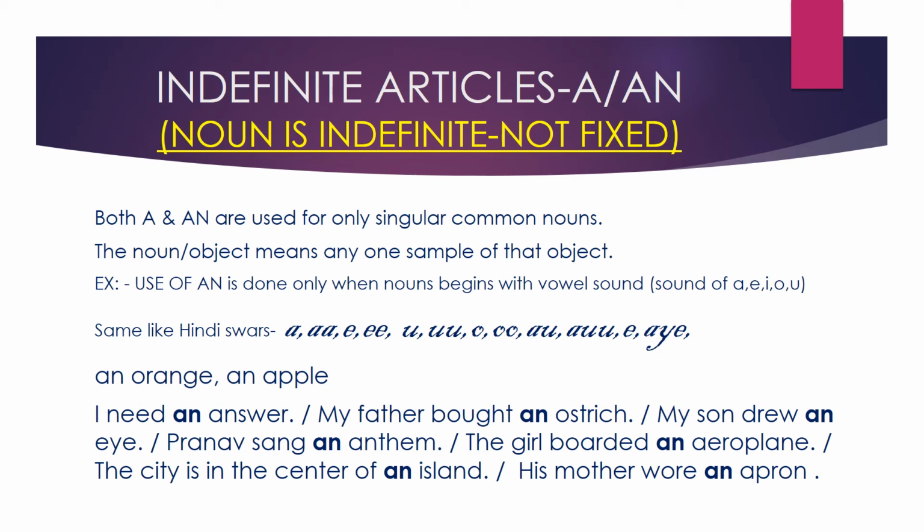Pranav sang an anthem. An, so an anthem. The girl boarded an aeroplane. A, so an aeroplane. The city is in the center of an island. I, so an island. And the last one, his mother wore an apron. A, so an apron, not a apron.